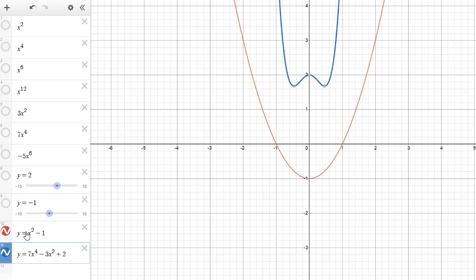And what do you know? It's still symmetrical across the y-axis. The main thing is every term is even, every single term. We have an exponent of 4 here, 2 here, and 0 implied here. Every one of those is even, therefore the function itself is even. So that's kind of cool. That is actually very, very cool. We can build up a polynomial with all the terms even and still have an even function at the very end. Alrighty, so now let's go back to the blackboard.